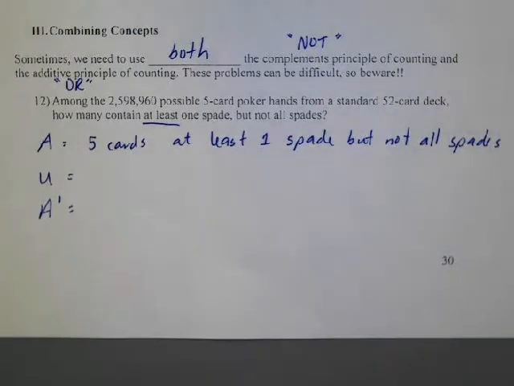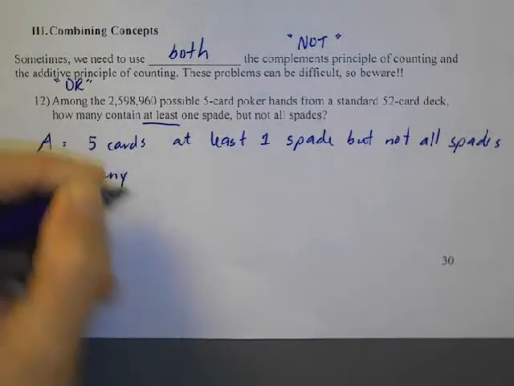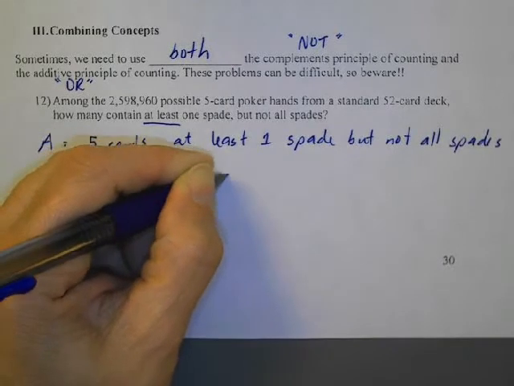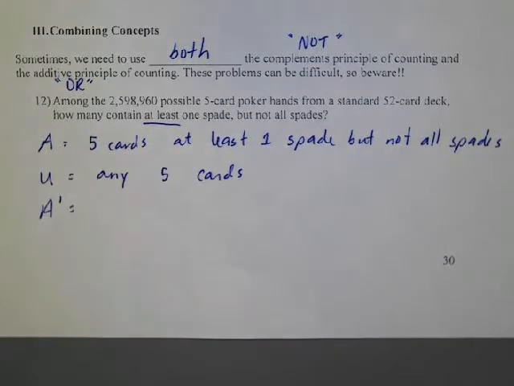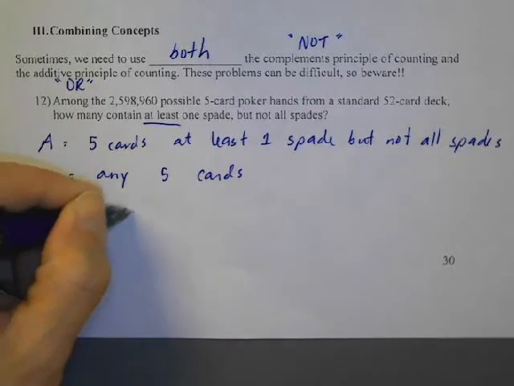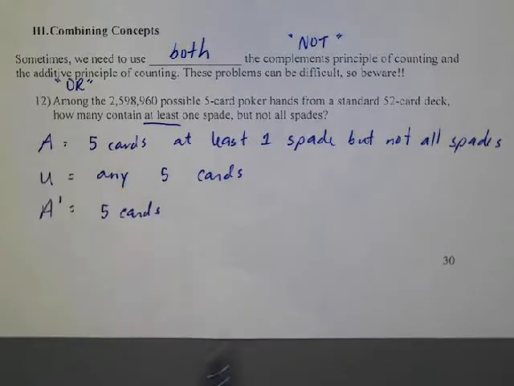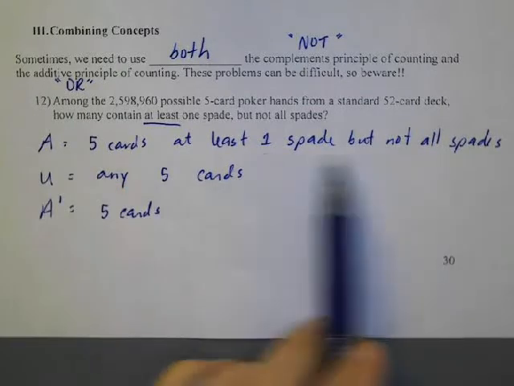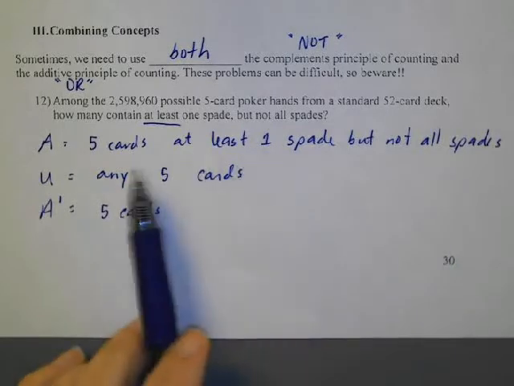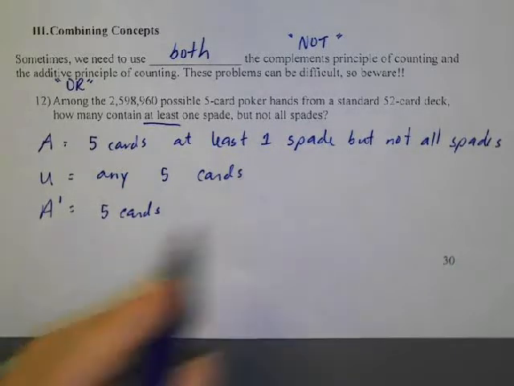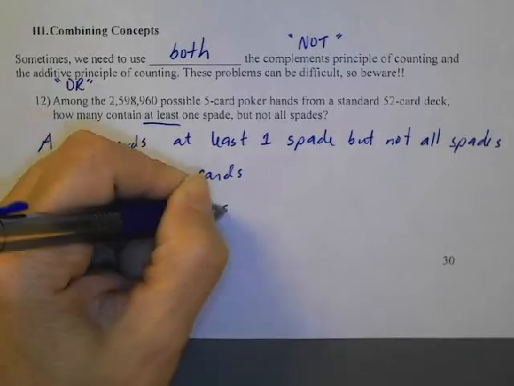U is any 5 cards. A prime is 5 cards, but the things that are complete opposite of this. So 5 cards, at least one spade, so we would say no spades.